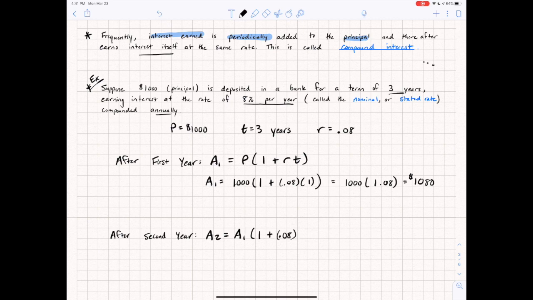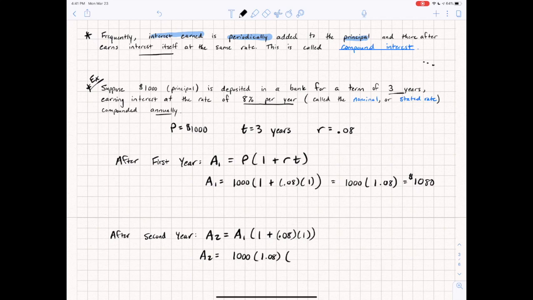And the time that's been accumulated now is still 1 year because we're essentially going 1 year time again. Well, from A1, we essentially have A1 was 1,000 times 1.08.